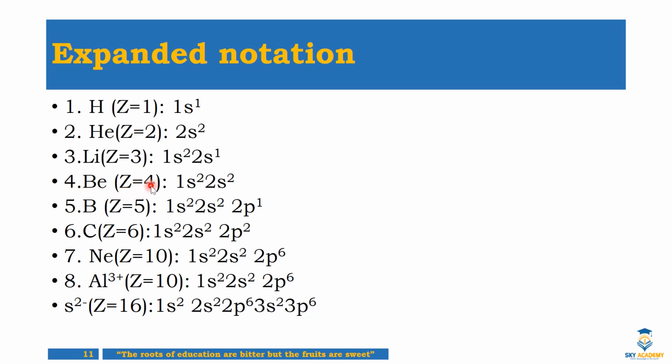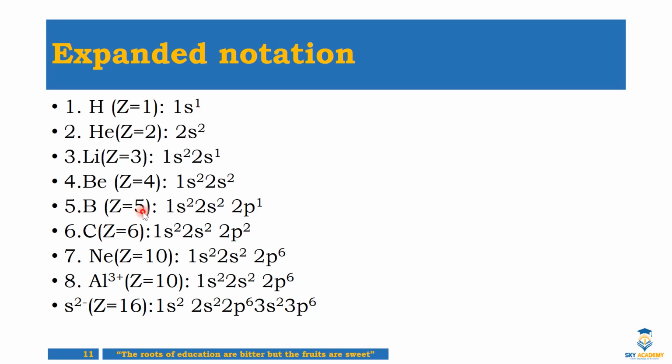Beryllium with 4 electrons, atomic number of 4, is 1s2, 2s2 because it is 4, the maximum. Boron, which has atomic number of 5: 1s2, 2s2, 2p1. 2, 2, 1, it is 5.